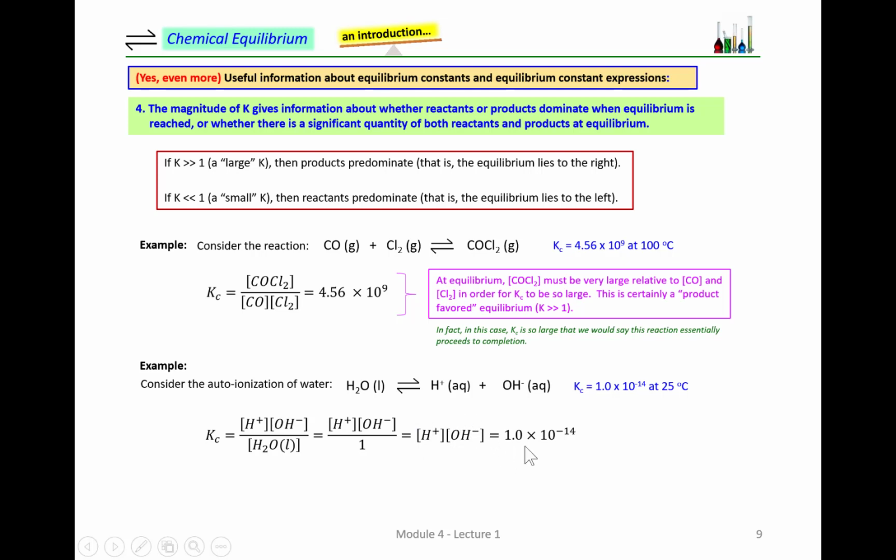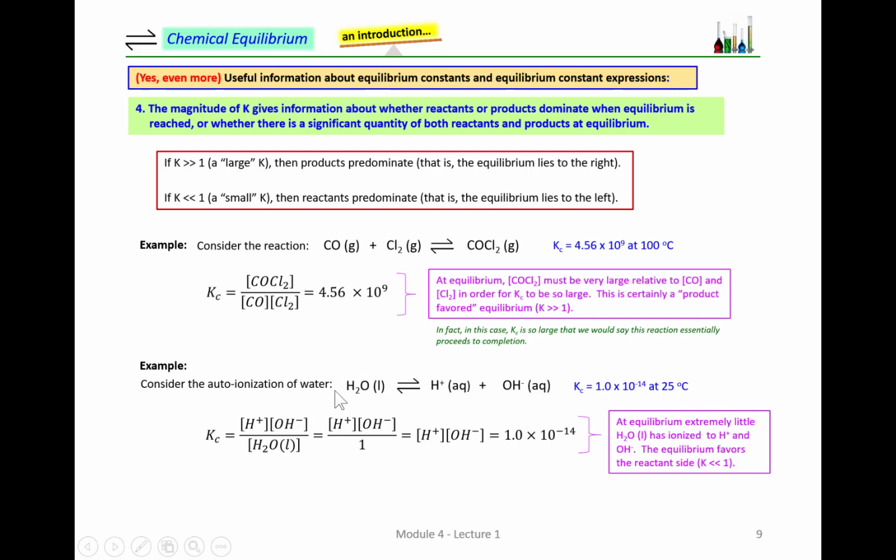Well, what does that tell us? It tells us that at equilibrium, extremely little water has ionized to H+ and OH- because the product of the H+ and OH- concentrations at equilibrium are ridiculously small. So we say the equilibrium for this reaction favors the reactant side. In other words, at equilibrium, it's still mostly just liquid water.